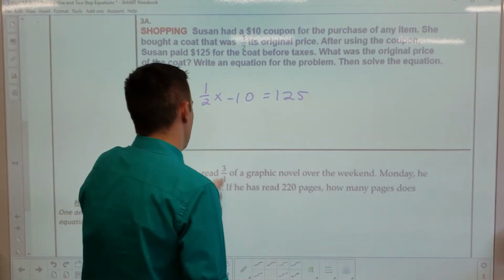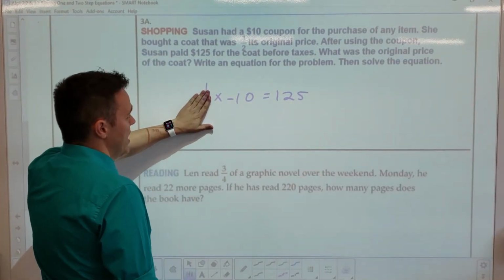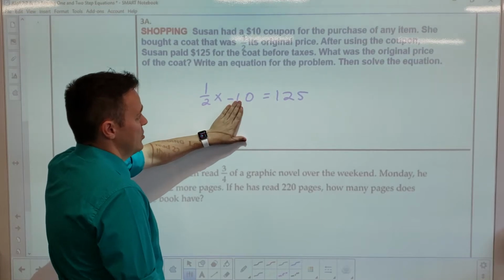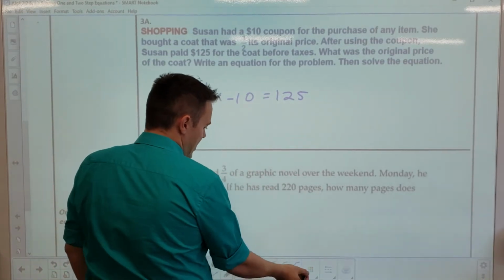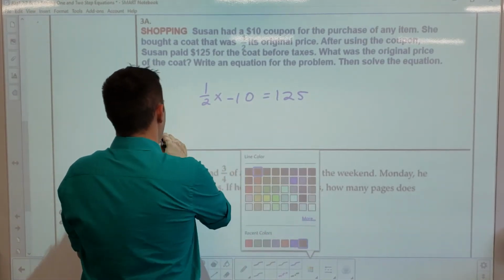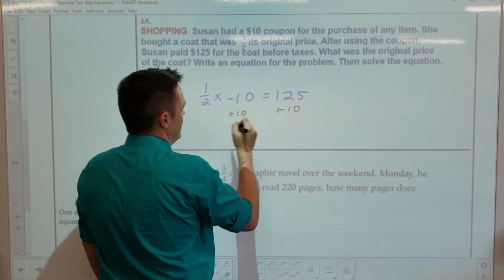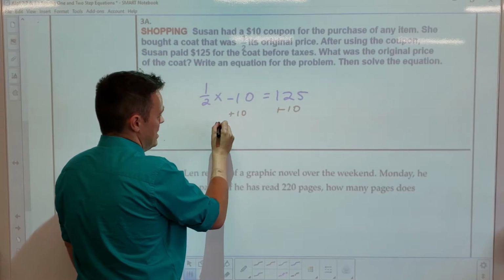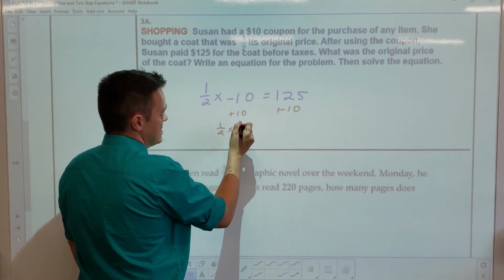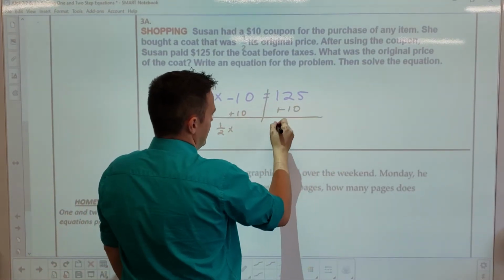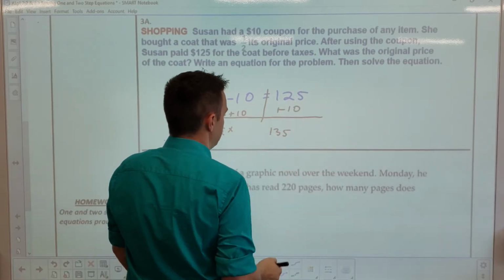So let's try it. So we have half of the original price minus 10 because you have a coupon, and it equals 125. Now you solve for x, okay? This is going to be plus 10, and then what you do, ladies and gentlemen, is it'd be 1/2 x, because you're splitting this up, and that would be 135, okay?